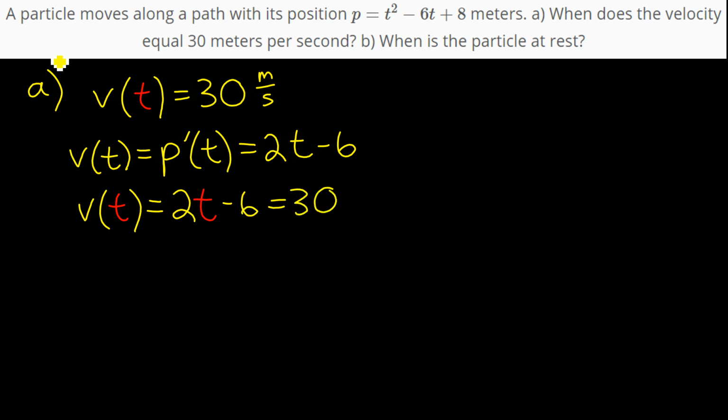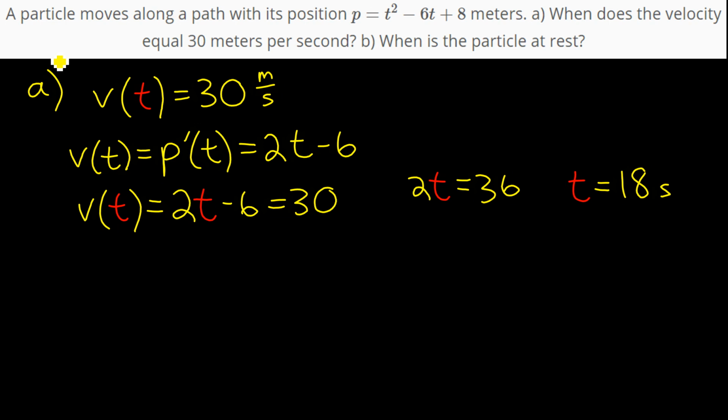So I know that if I use this equation, I can find that 2t is going to equal 36, and therefore t is going to equal 18. Now, this is 18 seconds. So after 18 seconds, I'm going to have a velocity that's going to be equal to 30 meters per second.